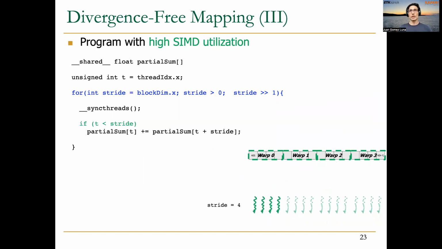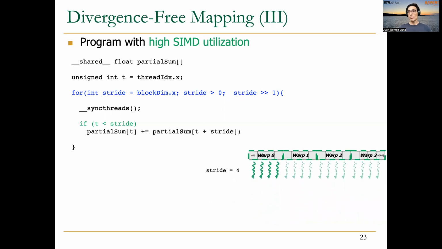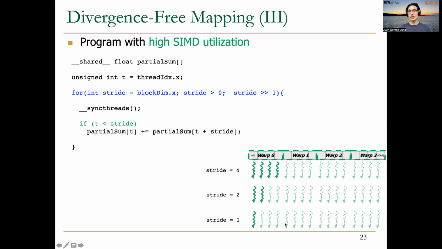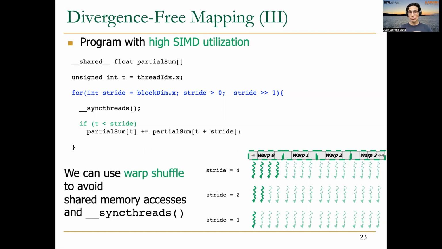There is one more thing to take into account here. What happens when we are in the last warp? When we are in the last warp, one thing that we can do is save some of these accesses to the shared memory. Observe that this array of partial sums is in the shared memory. For this last warp, we can use some instructions that allow us to move data across the different threads of the same warp.